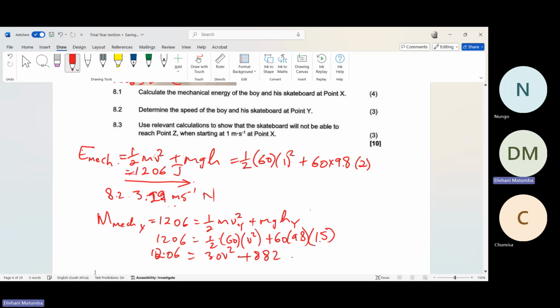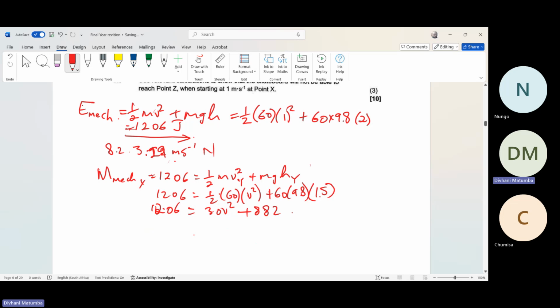So if I take 882 to the other side, I get 1206 minus 882, which is 324. It's equal to 30 v squared.